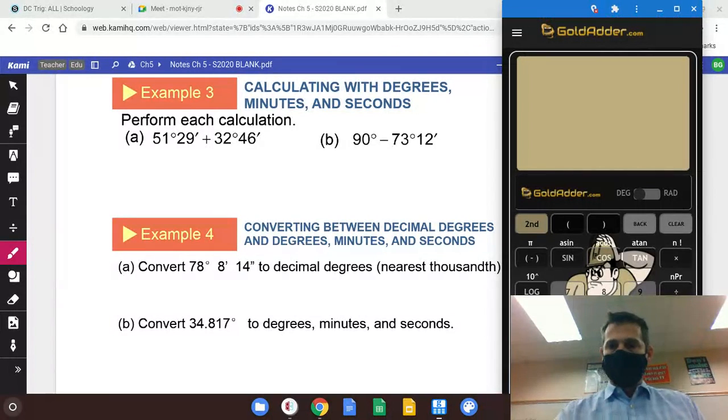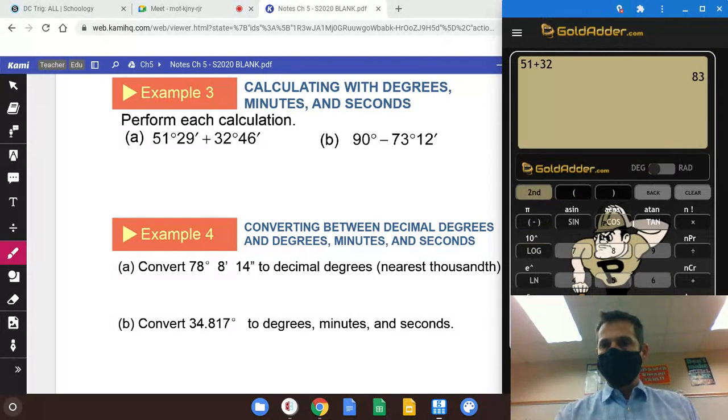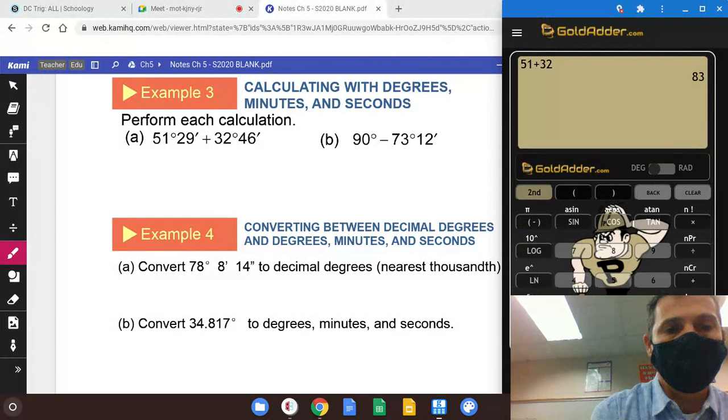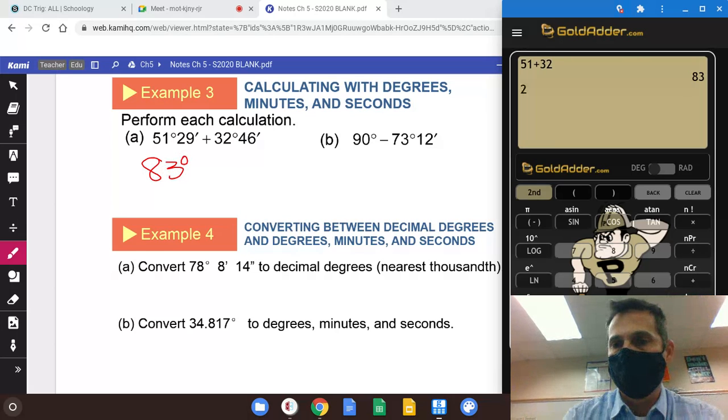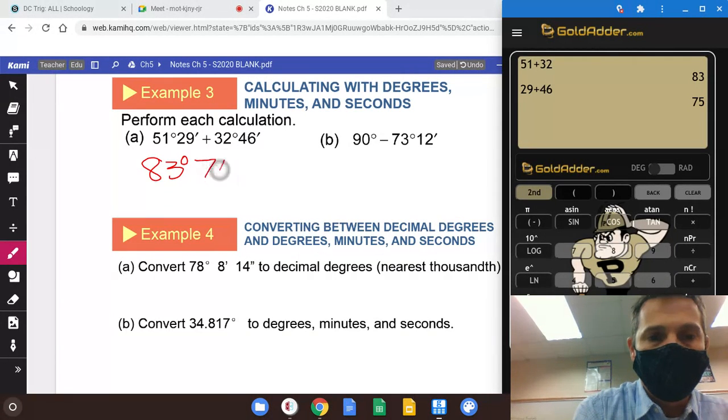Okay, I'd say 51 plus 32 is 83 degrees, and then 29 plus 46 is 75 minutes.